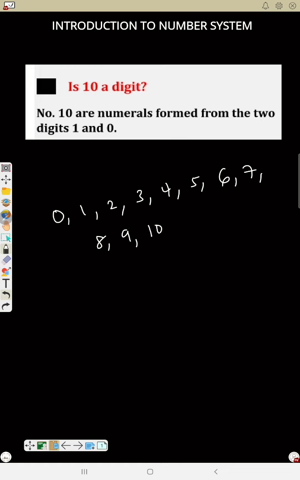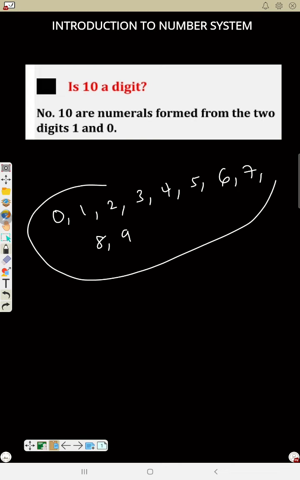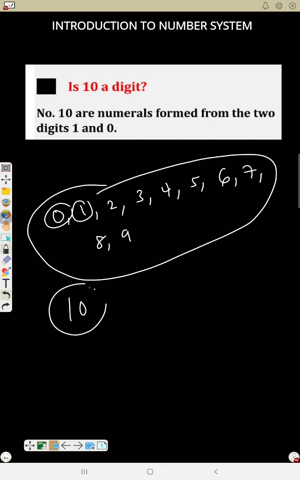So all these are numerals. If we combine 1 and 0, we get numeral 10, which is a symbol to represent number 10. So 10 is not a digit.